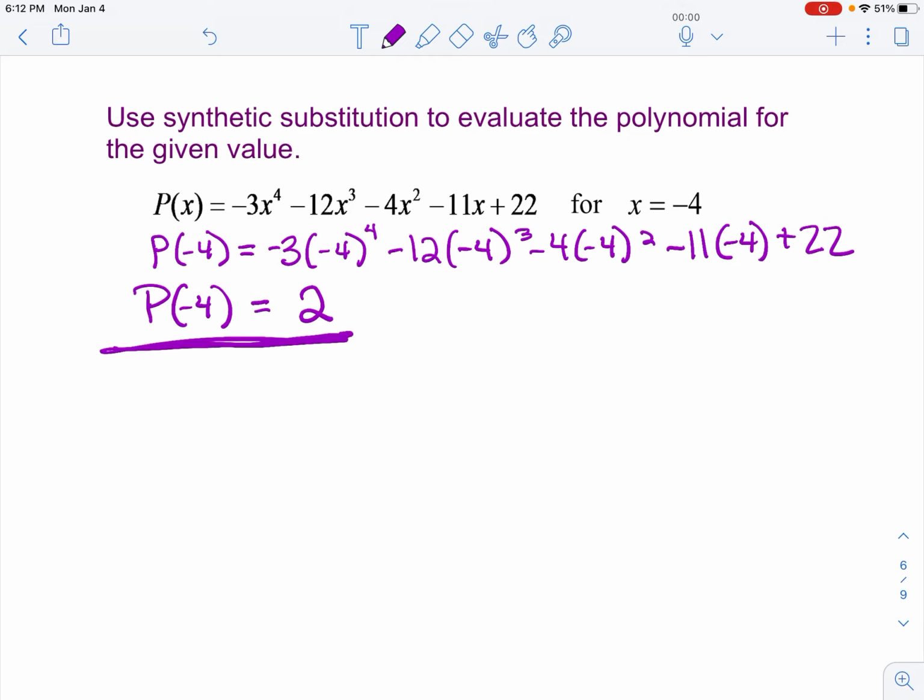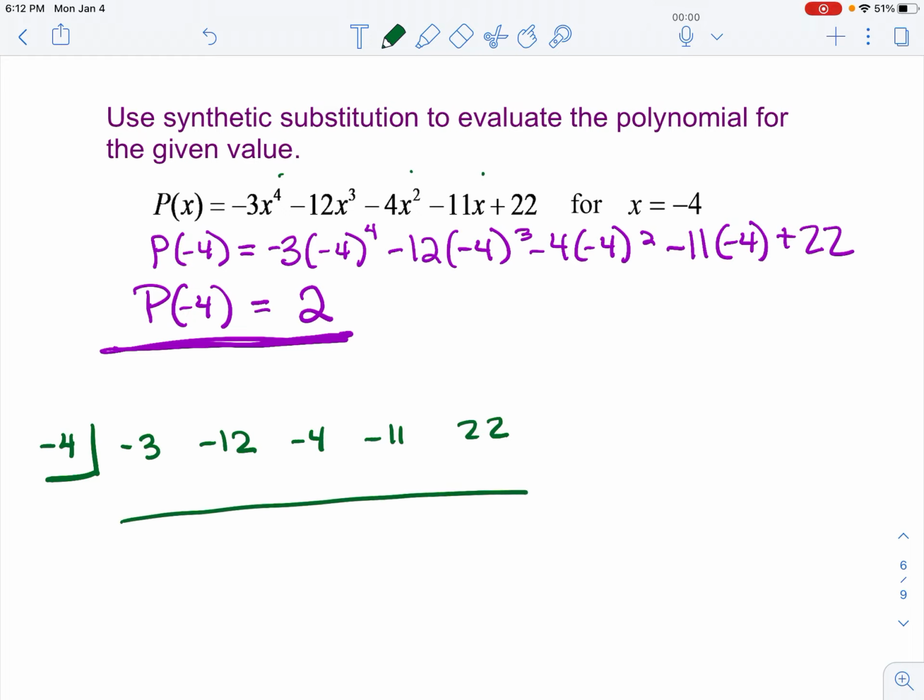So now if we divide synthetically, we already know what x equals, so we put our -4 in our box. It goes 4, 3, 2, 1, nothing. So I can write my coefficients. Bring down that -3. You're going to multiply. We get a 12.